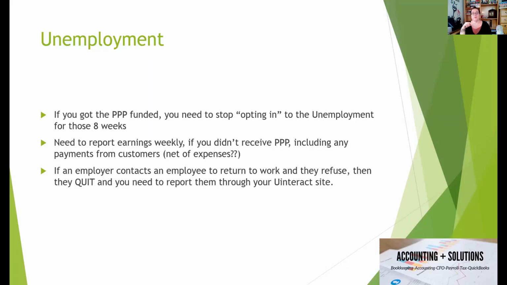In this case, you will report that decision to unemployment, and they will no longer get unemployment. If the system doesn't catch up to them, they're going to owe it back. So you need to make it really clear.